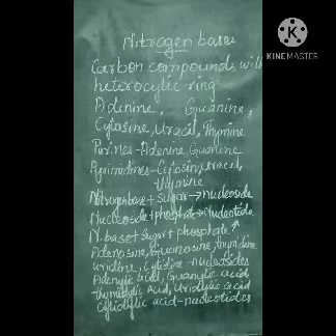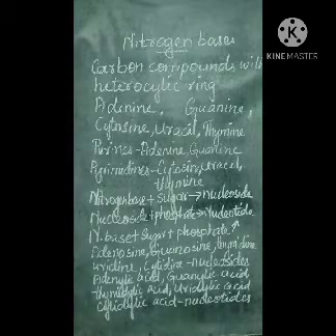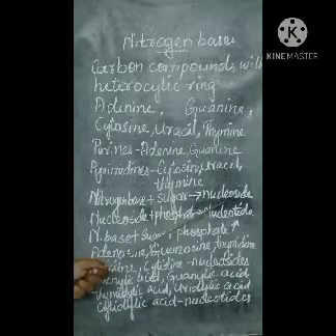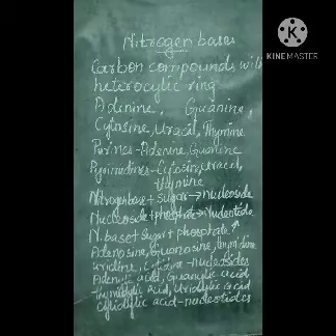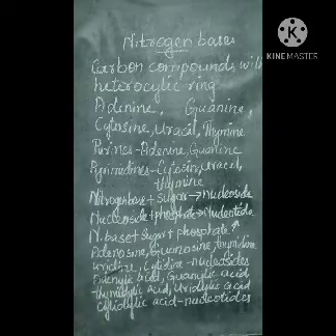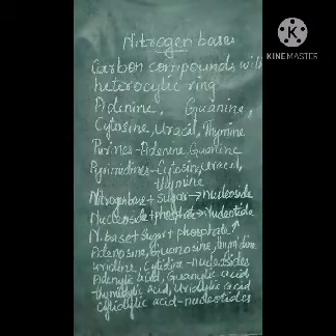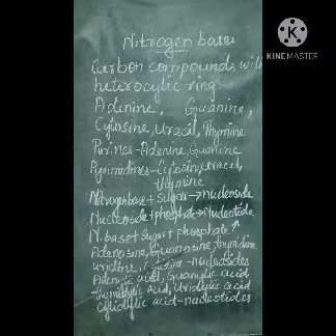Okay. So when a nitrogen base combines with the sugar, what is formed? Nucleoside is formed. Examples of nucleosides are adenosine, guanosine, thymidine, uridine, cytidine. So if the nitrogen base is adenine, plus sugar forms adenosine. Guanine plus sugar is guanosine. Thymine plus sugar is thymidine.